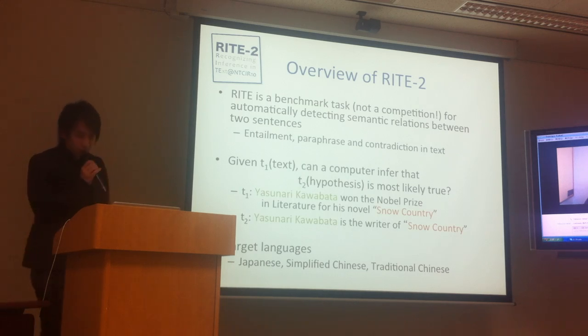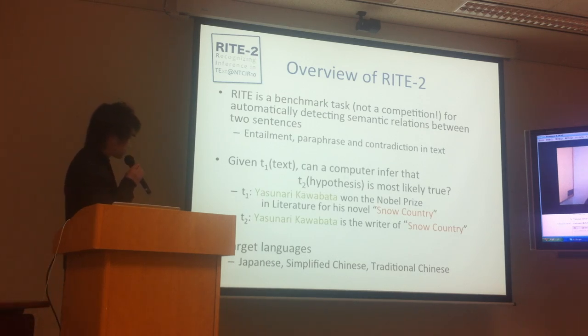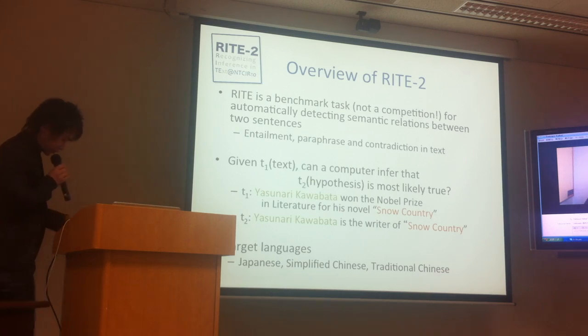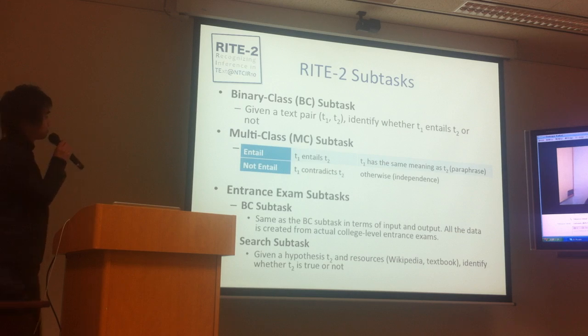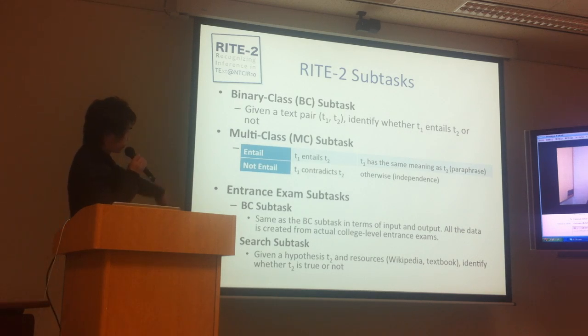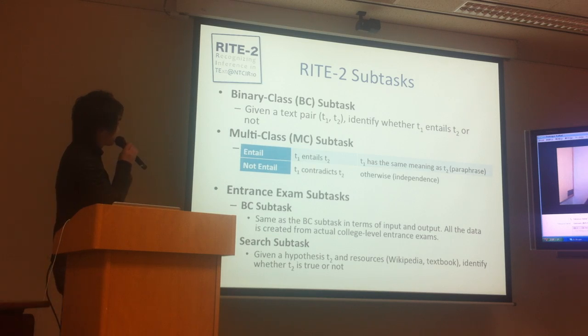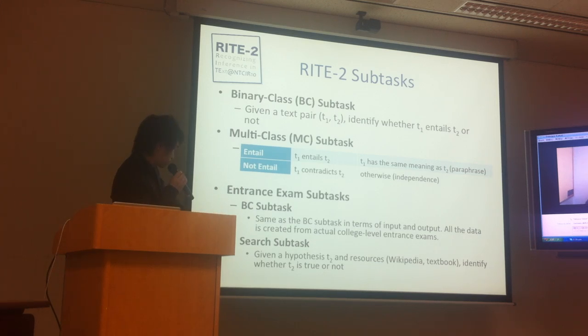In RITE-2, the target languages are Japanese, simplified Chinese, and traditional Chinese. There are mainly four subtasks in RITE-2: the binary class BC subtask, the multi-class subtask, the entrance exam BC subtask, and the entrance exam search subtask.